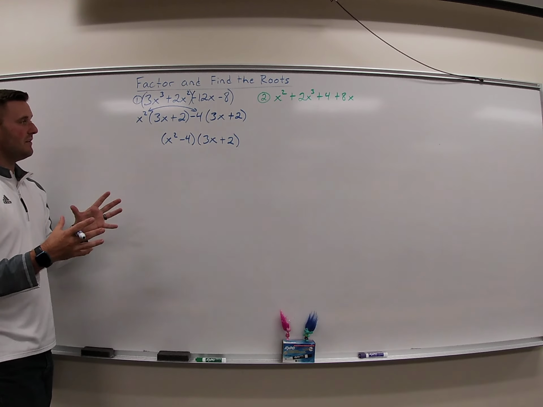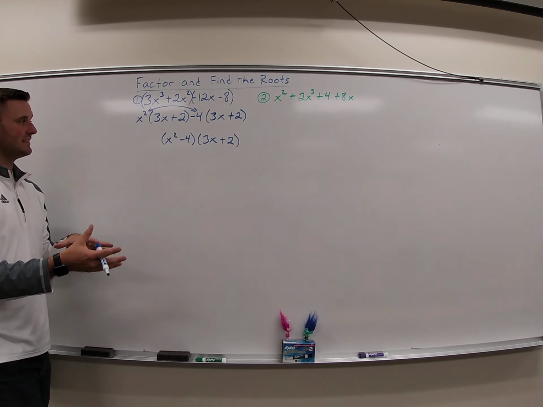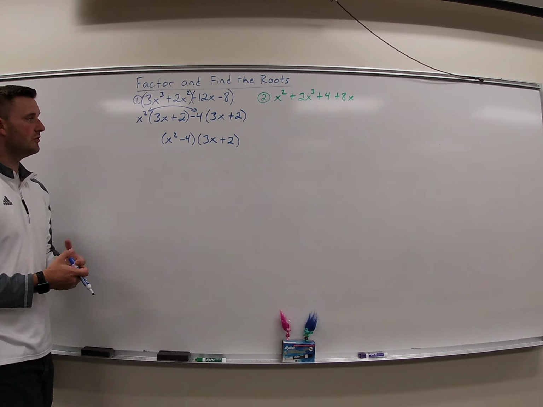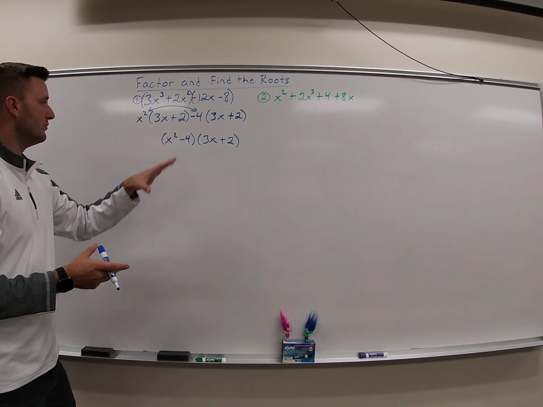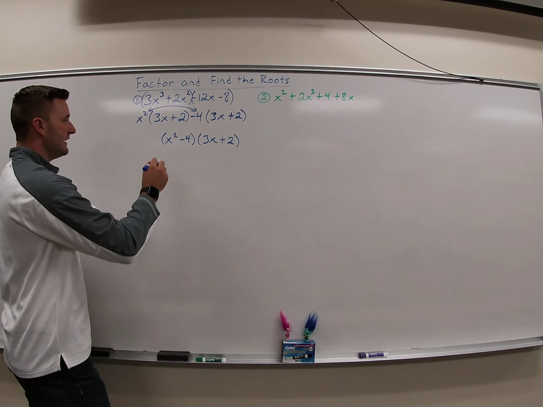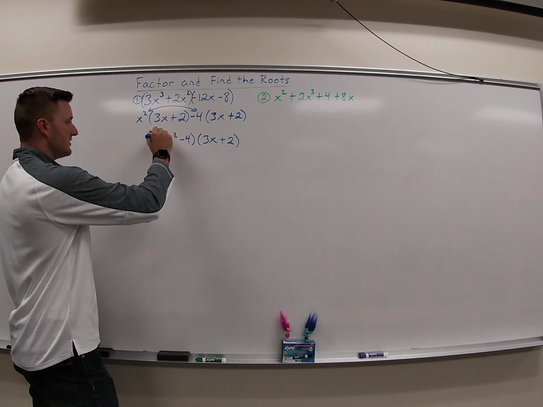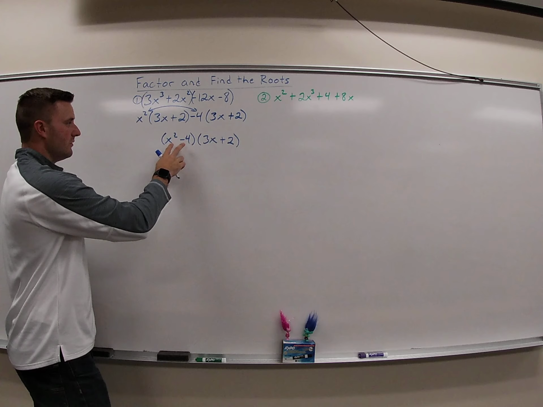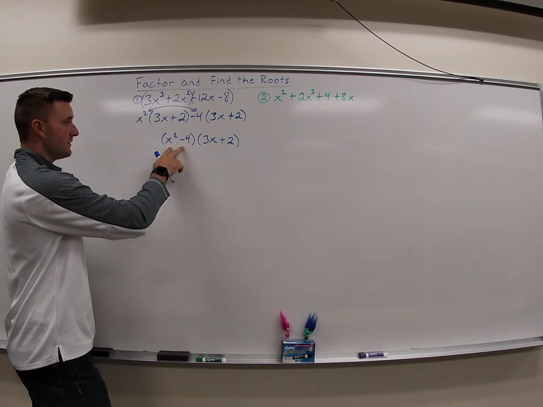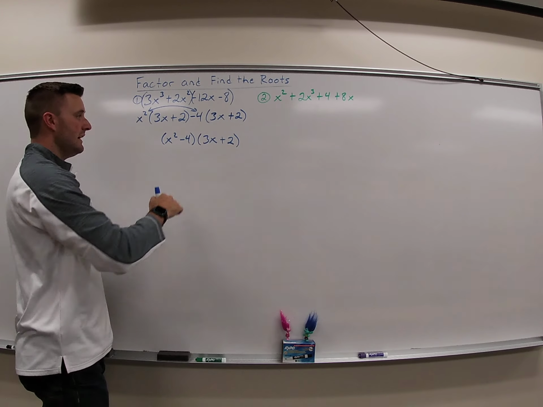Now, once we have our 2 factors set, what we can do is set each factor equal to 0 and then find the roots. In terms of what we're doing in class, this is good enough in the sense of factor by grouping. We're going to talk soon about difference of 2 squares. Maybe you already have heard of that.